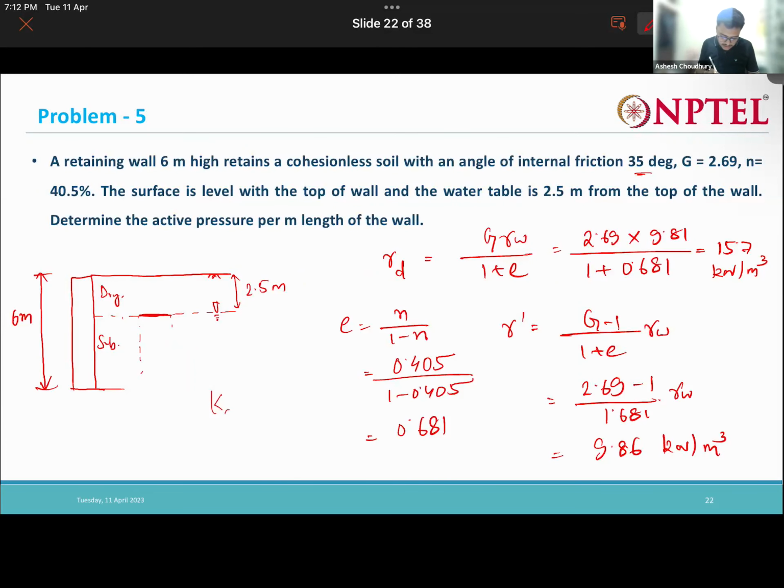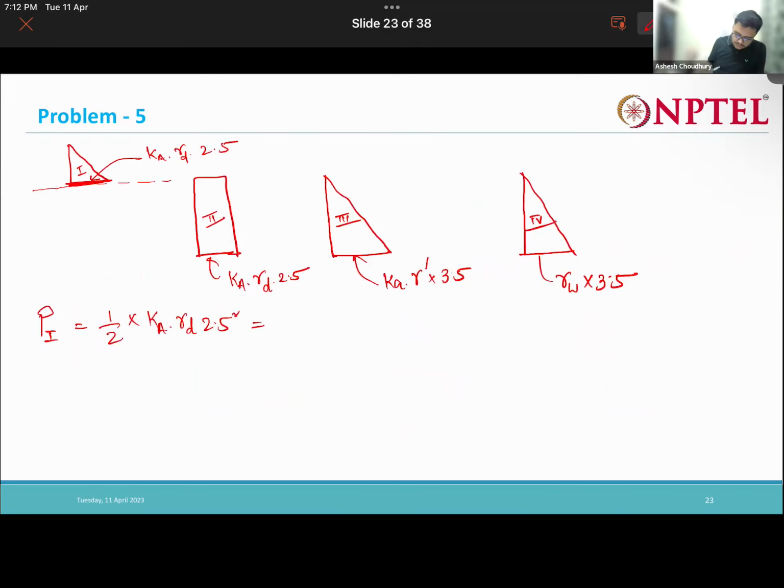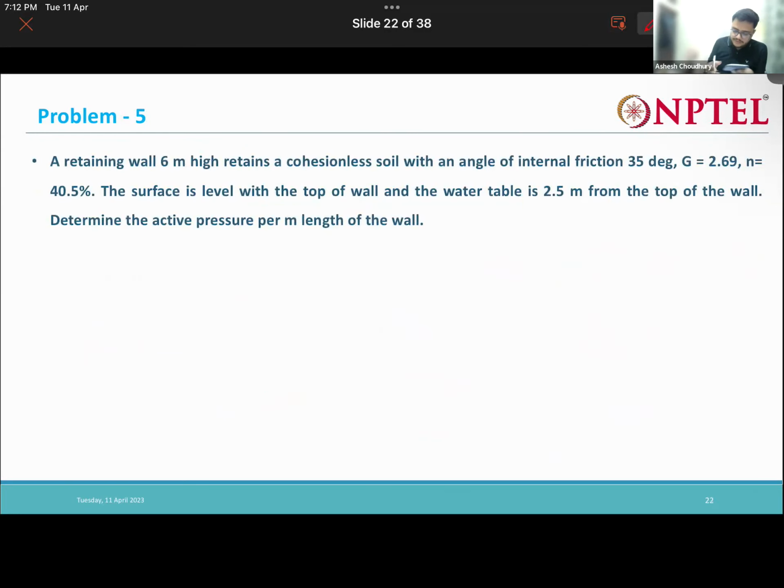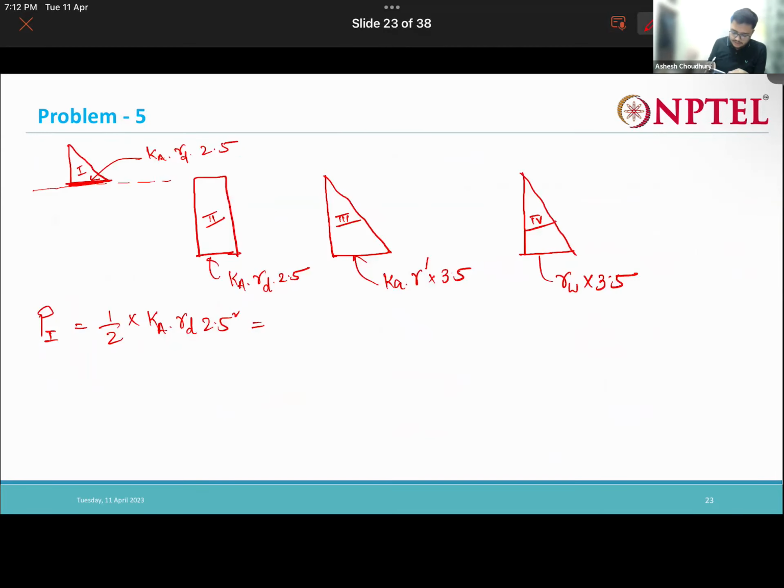K, you know, K is 0.271 for 35 degrees. Half into 0.271 into gamma d is 15.7, into 2.5 squared, 13.3 kilonewton per meter.